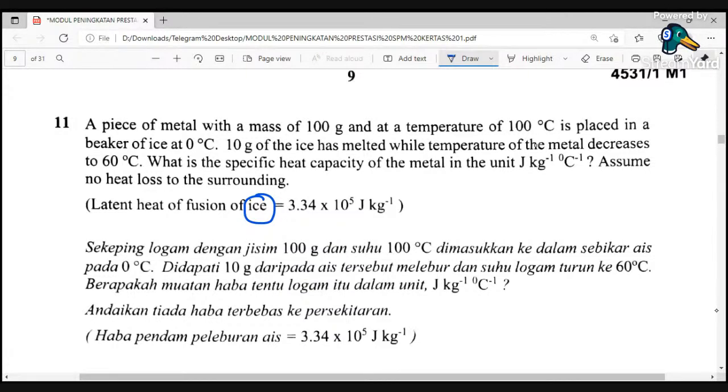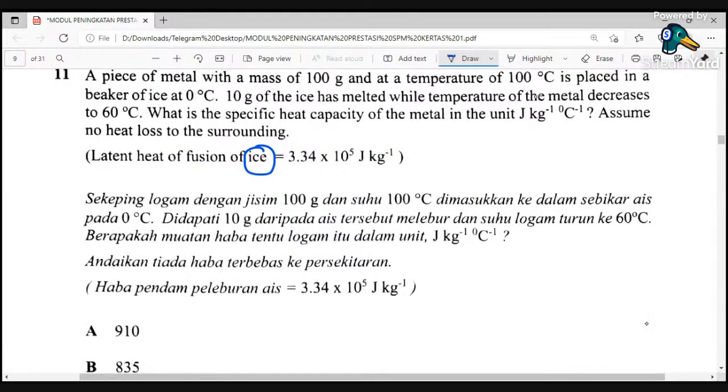So ini macam case mixture, heat release and heat absorb. So we have one piece of metal placed into the beaker of ice. So we have ice cubes inside.